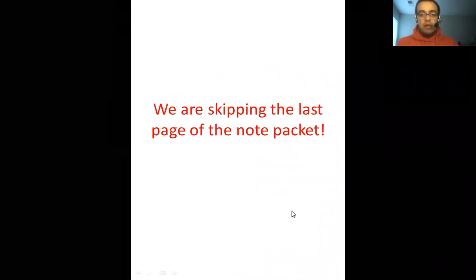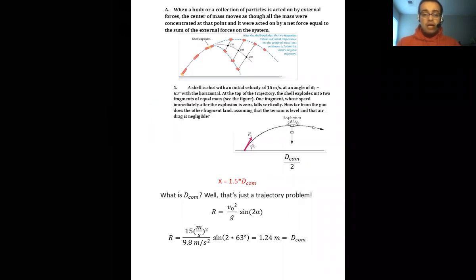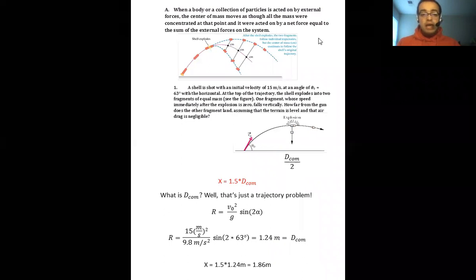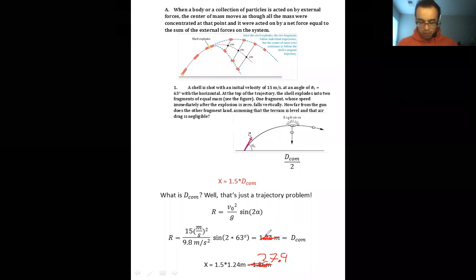We're going to skip the last page of the note packet. This is dealing with rocketry and other things. I think we're just going to kind of move past it. It's a bit of an afterthought in this particular chapter. Just note that one thing that we've seen is that you can actually get a much greater distance of one of the fragments of your projectile if you actually jettison it. So if we were just looking at where the center of mass was going, that would give us a much shorter range.